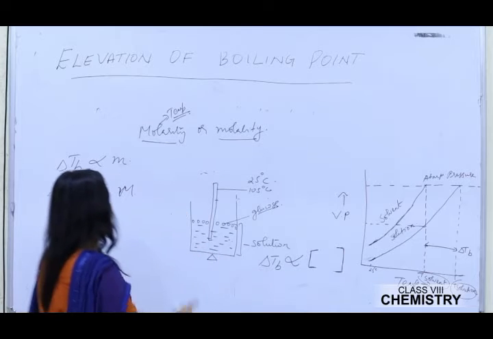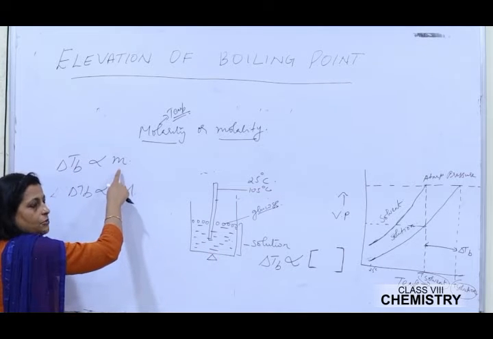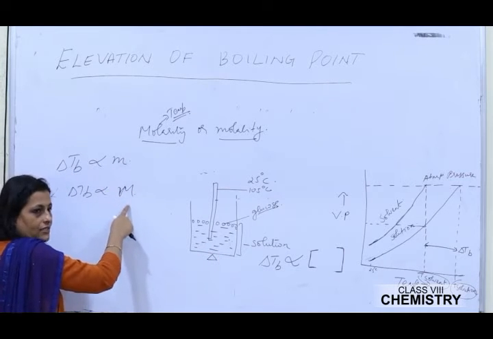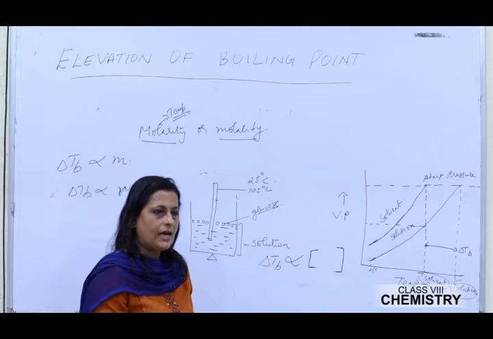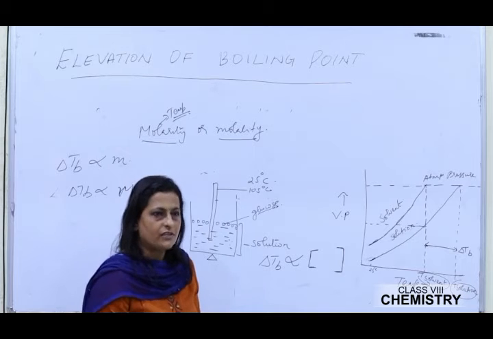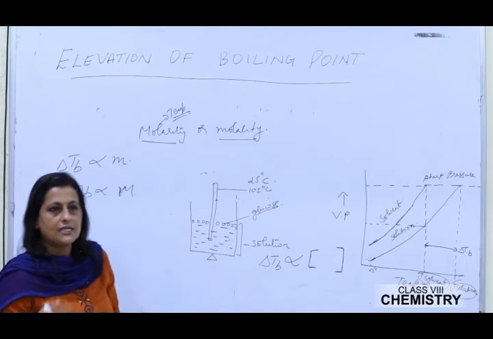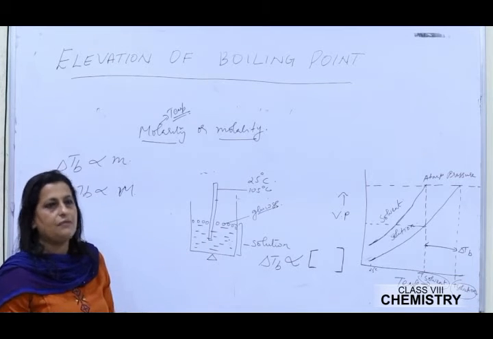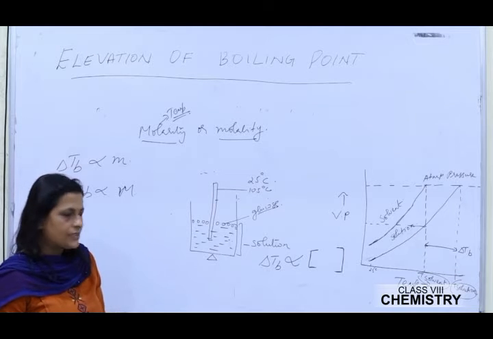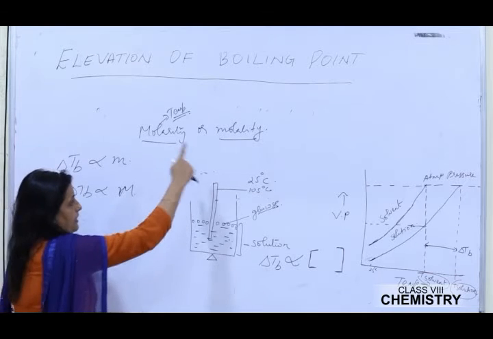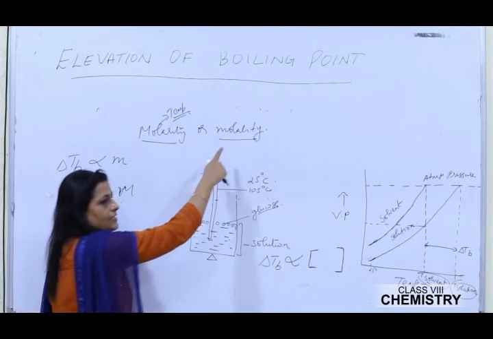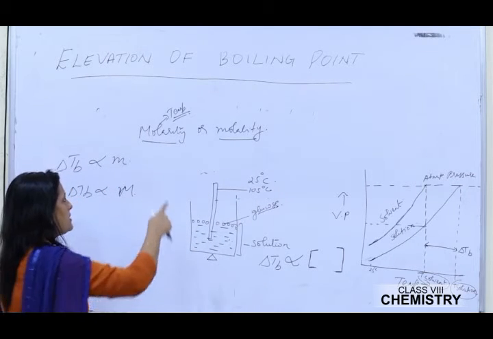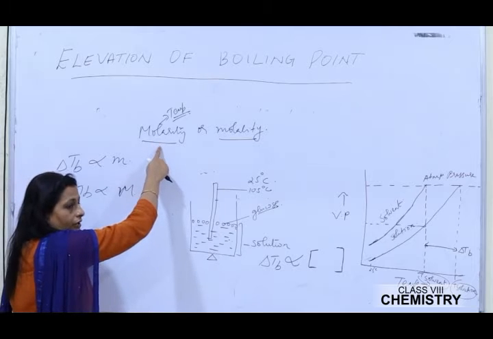So that is the reason why we are taking molality instead of molarity. Concentration of a solution can be expressed in terms of molarity, mole fraction, molality, mass percentage, or volume percentage, but here we prefer molality because it is independent of temperature, while molarity depends upon temperature.